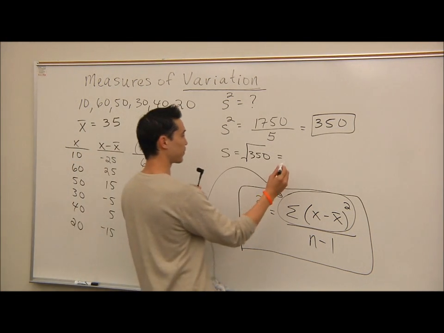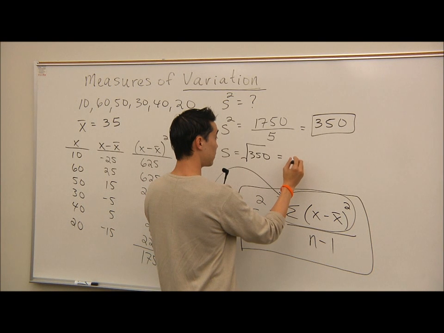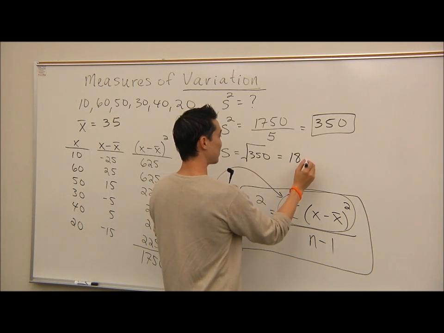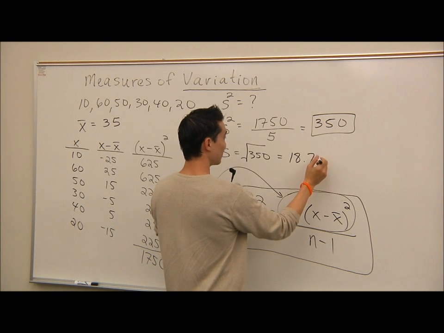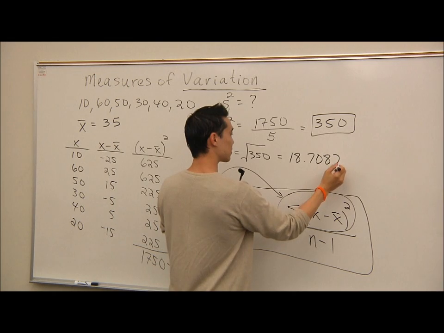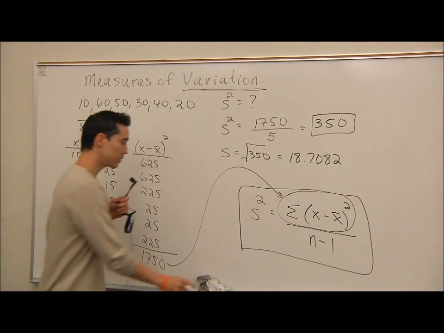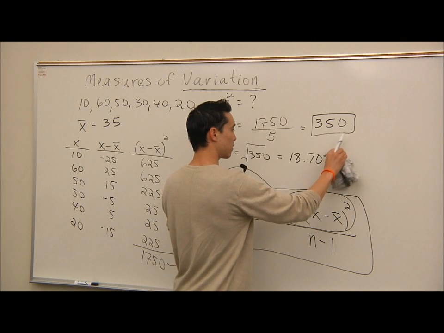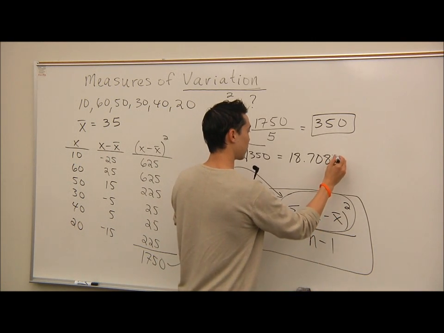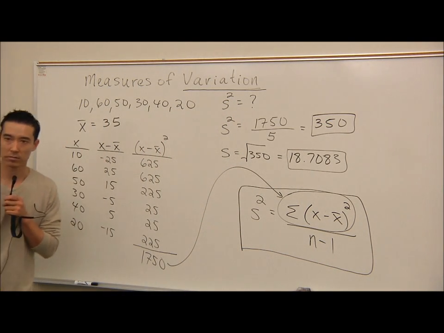So what do you got? 18.7082. Is that to 4 decimal places? Rounded, it's 18.7083. Okay, that's fine. So we can round to 083. Great. That's what I would like to see. We're going to go 4 decimal places on all of those.